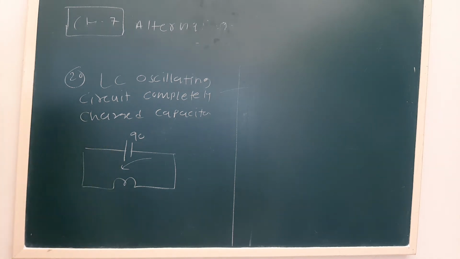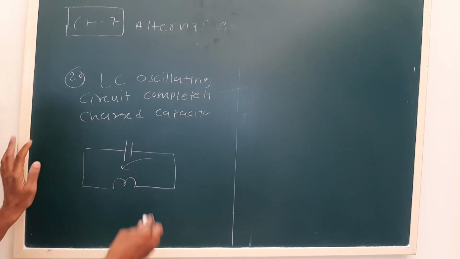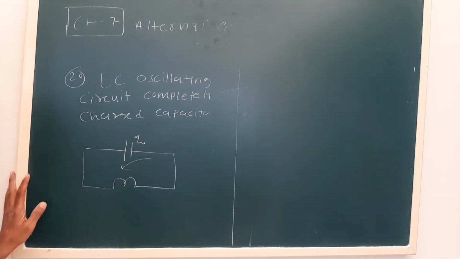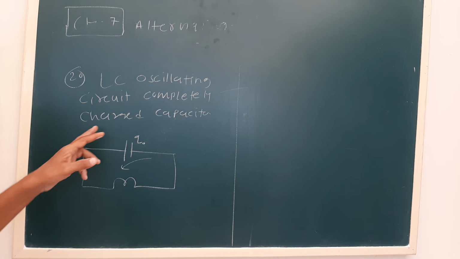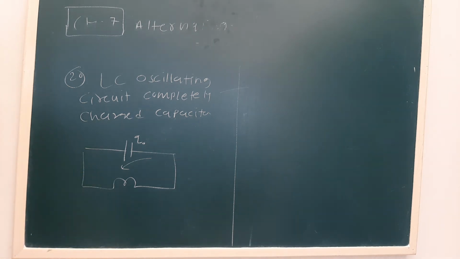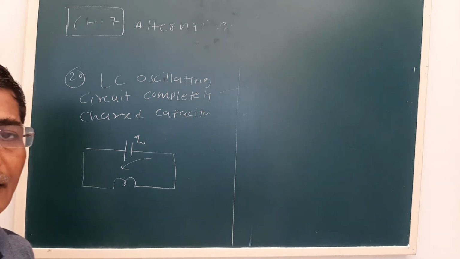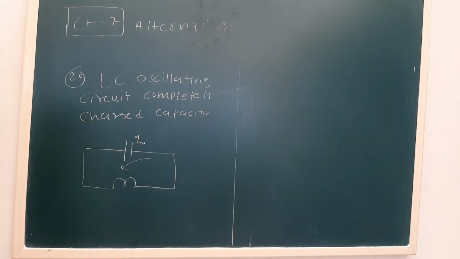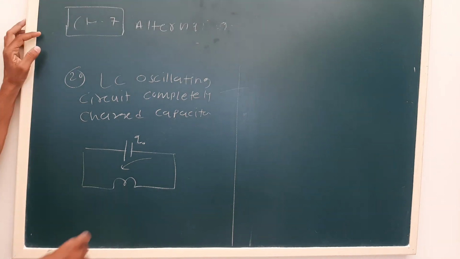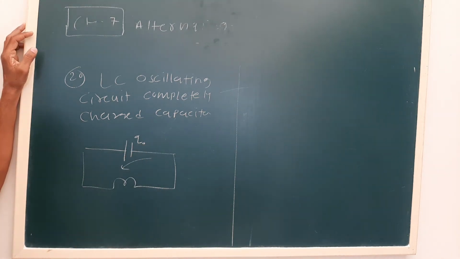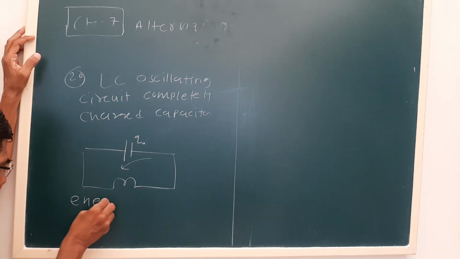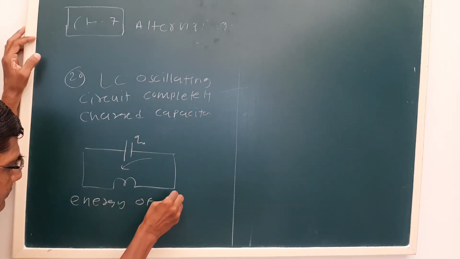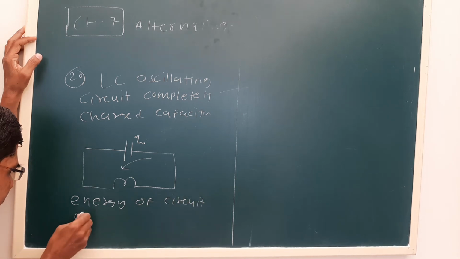With the passage of time, the energy in the form of electric field will be converted into magnetic field. So this will be an energy conversion process in which the energy of the capacitor is decreasing. So when a completely charged capacitor is connected with the inductor, the energy of the circuit will decrease.